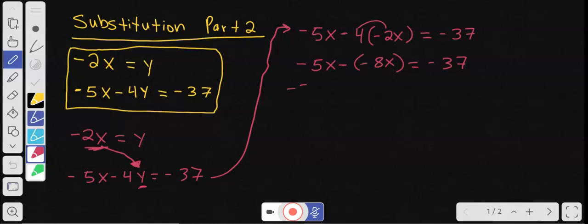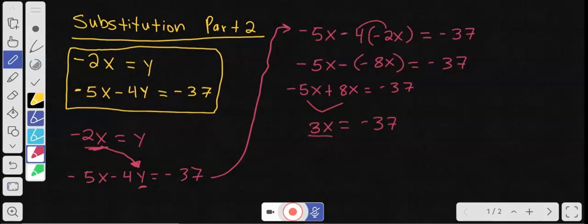So it'll be negative 5x plus 8x is equal to negative 37. Then you're going to combine like terms. Negative 5x plus 8x, or 8x minus 5x, is simply 3x. It's positive since the 8 is positive, the higher absolute value, so we have 3x equals negative 37.